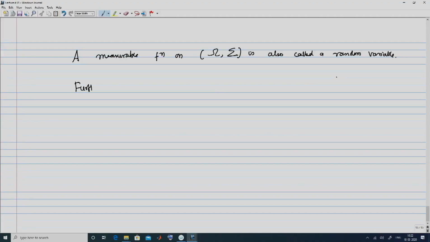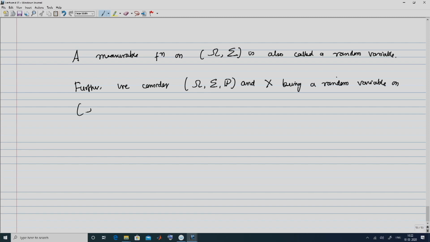Further, we consider the probability space (omega, sigma, P) and X being a random variable on the measurable space (omega, sigma).